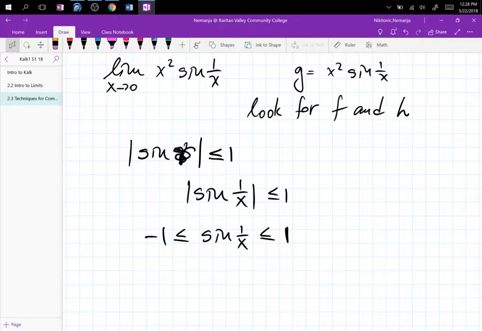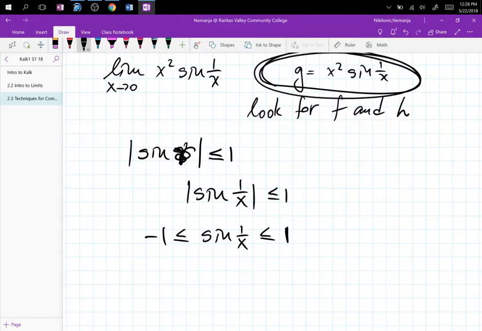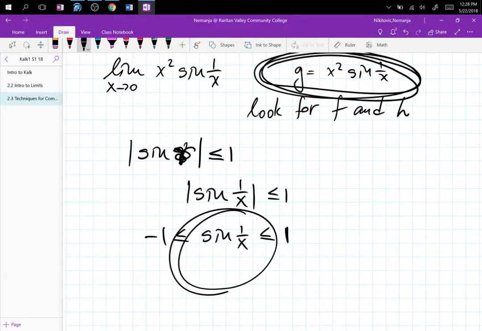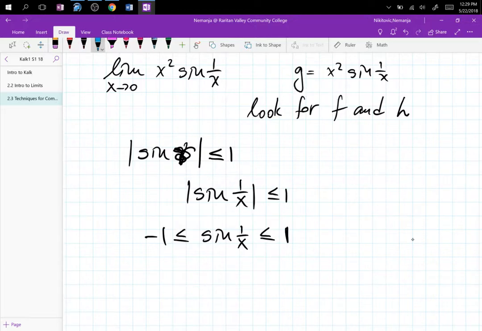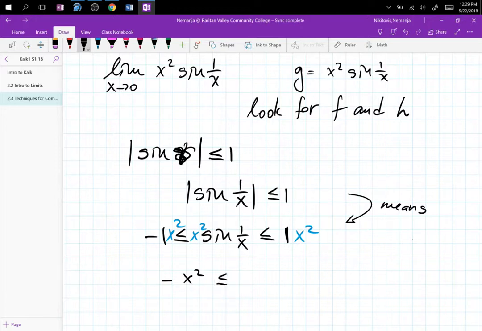Now, you know that g needs to be squeezed between f and h, and when you compare g to what you have, you see that something is missing. What's missing? x squared. Great. Multiply through by x squared.